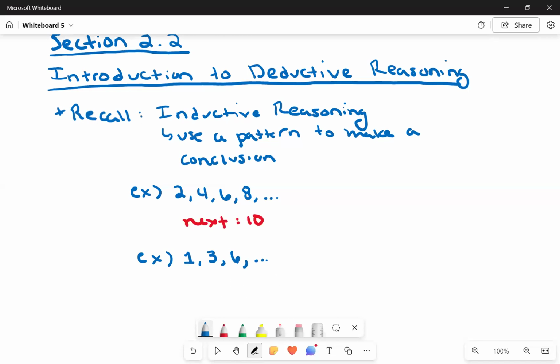Well, kind of noticing the pattern here. These two, we added 2, but these two, we added 3. So maybe the next one we add 4. So I'm like, is the next one 10? And I'm like, yay, you're amazing. You figured it out. But it was kind of more difficult because sometimes the patterns aren't so obvious if we're not given enough information.